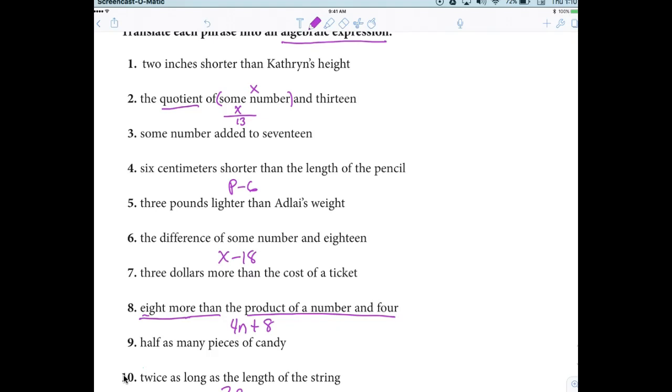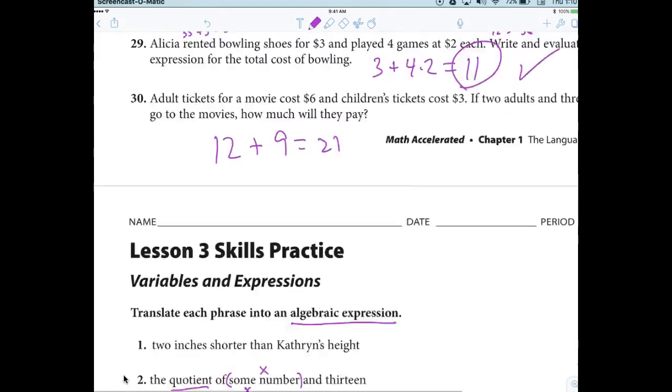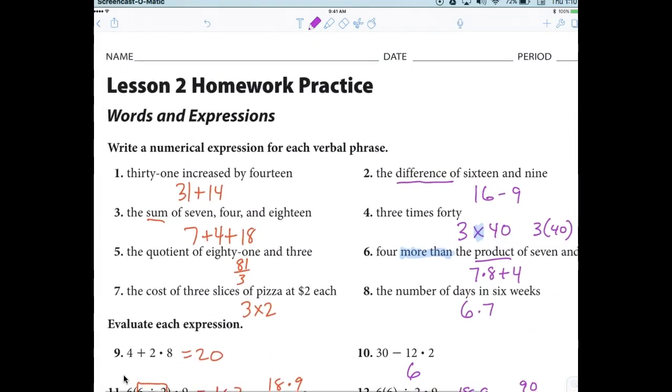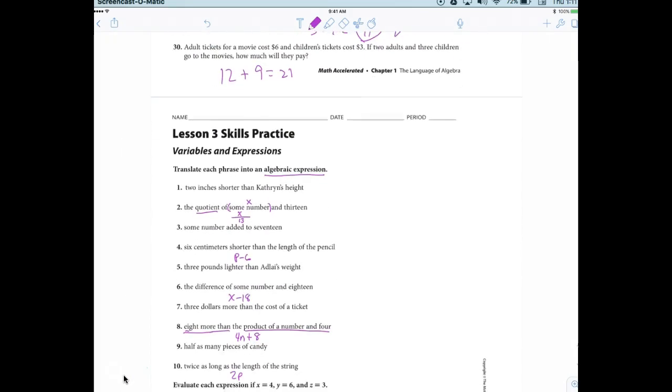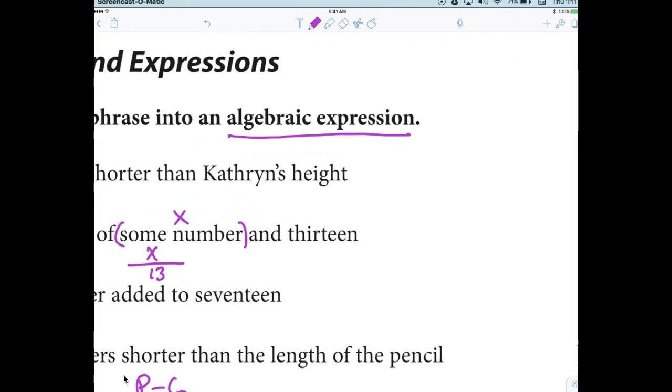Now, let's talk about the next translations. These up here were called numerical expressions because only numbers were involved. The next one is called algebraic expressions because variables are involved. And variables are just a fancy way of saying the letters that stand for something.